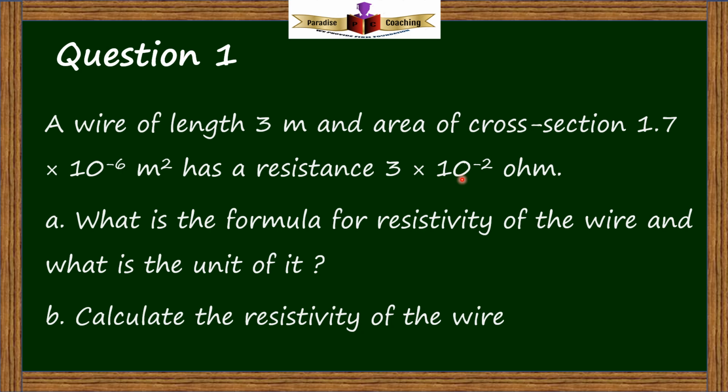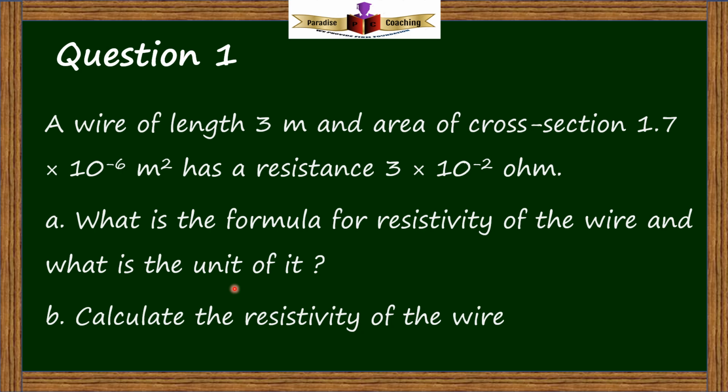So there are two parts to this question. The first one is very simple because just now we have seen the formula for calculating resistivity. The first part asks what is the formula for the resistivity of the wire and what is the unit of it.